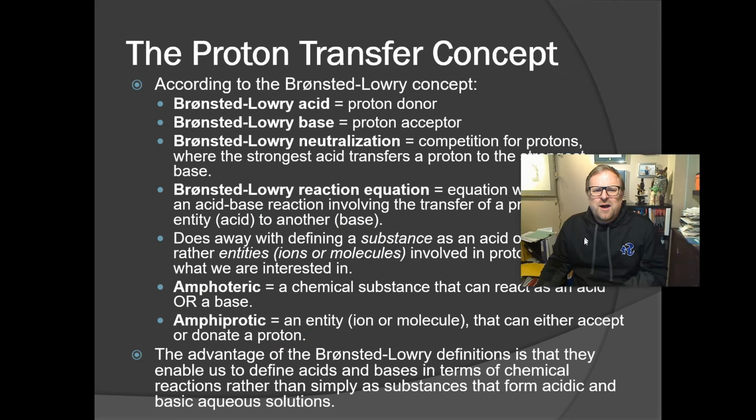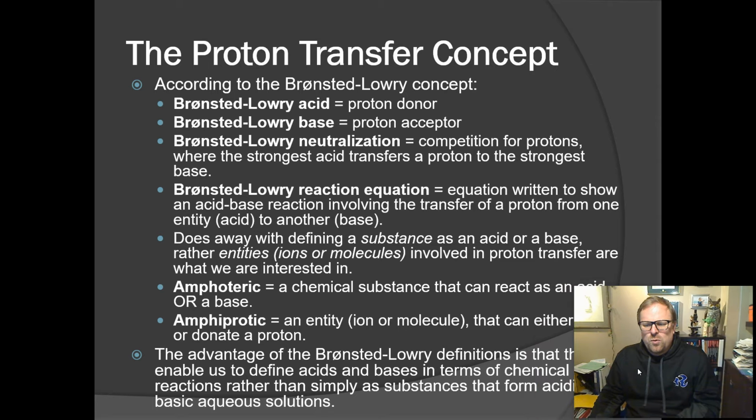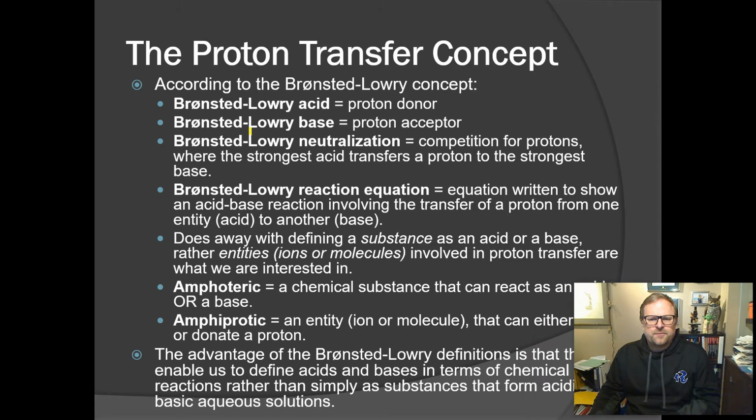So let's just define a few things here before we go on to anything different. According to Bronsted-Lowry, a Bronsted-Lowry acid is something that is a proton donor. I'll define what a proton is in a second. A Bronsted-Lowry base is a proton acceptor.